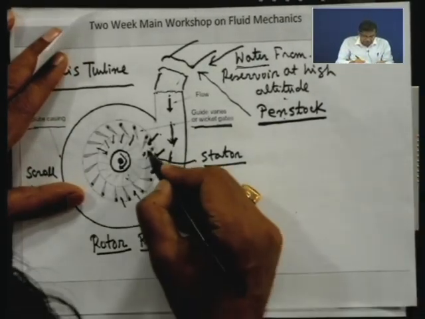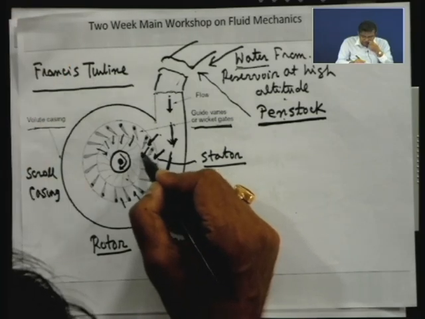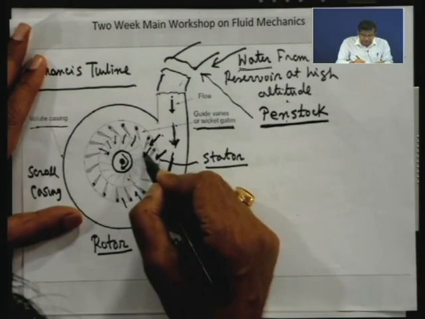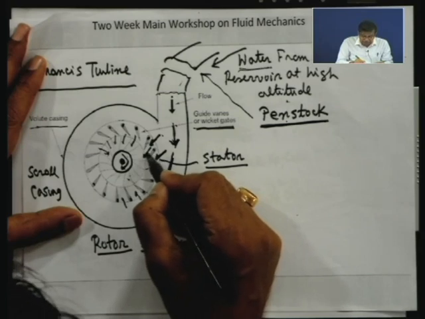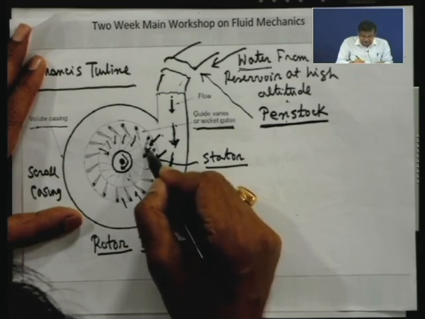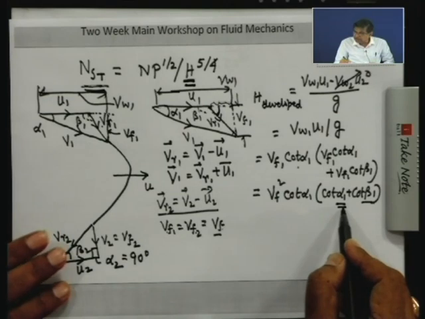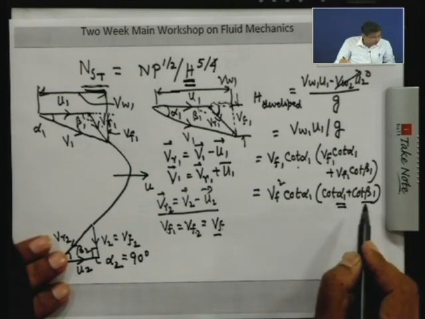That means this will give a correct entry to the runner, so that the relative velocity is along the angle of the runner blade. So, therefore, the absolute velocity direction at the inlet with the tangent is the angle of the guide vane at the outlet with respect to the tangent. So, this is a geometrical parameter, cot alpha 1 plus cot beta 1.